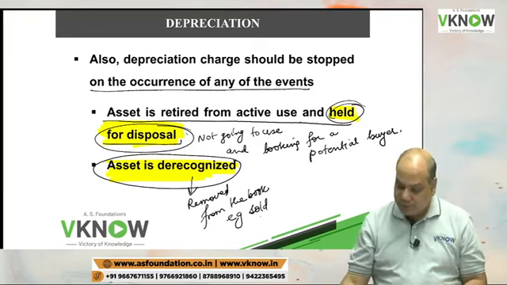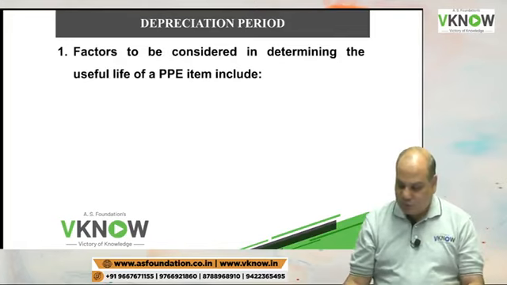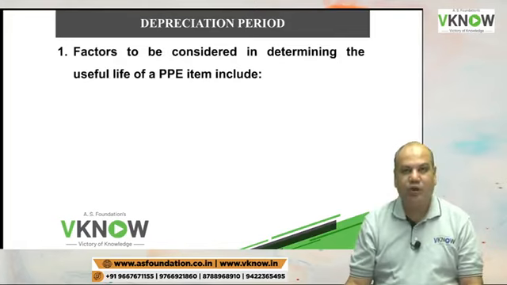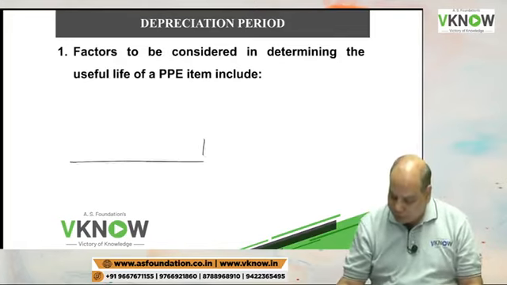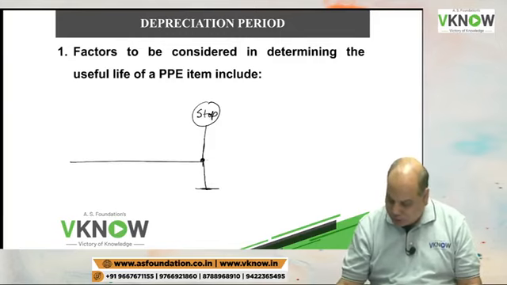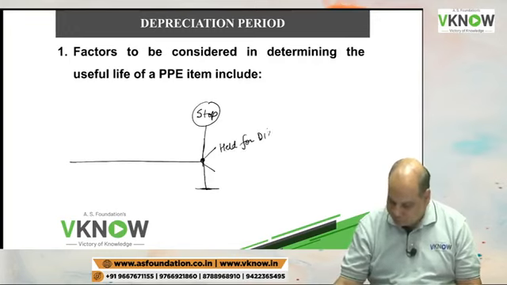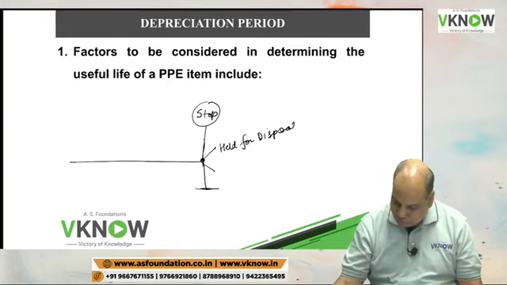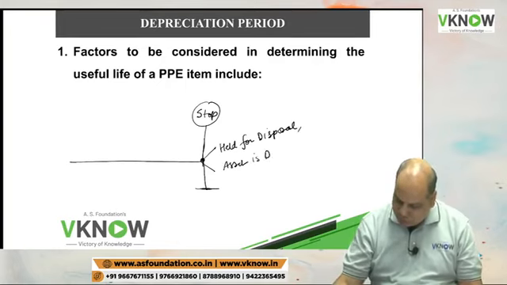Okay. So depreciation meter will stop. This is a stop signal. When you meet either of the two, it is held for disposal or the asset is derecognized.